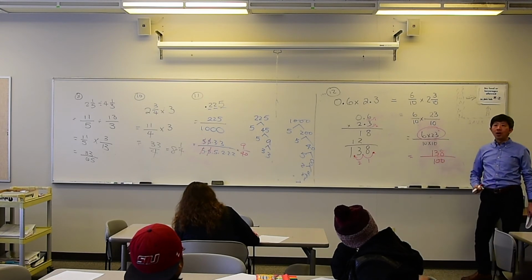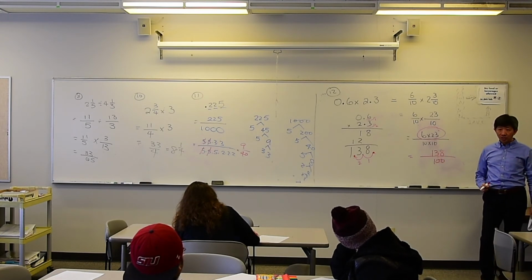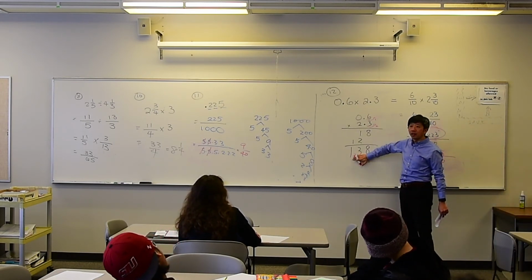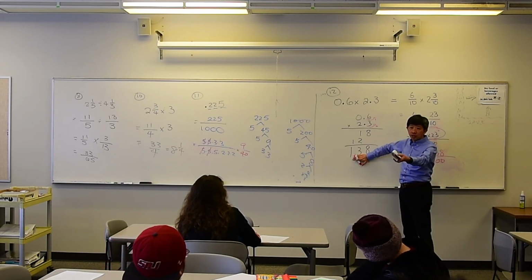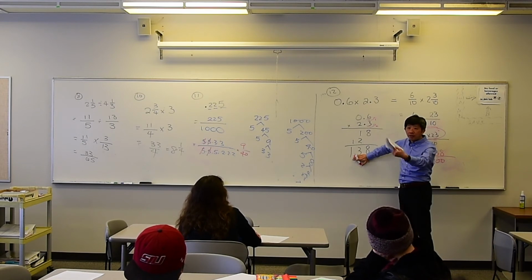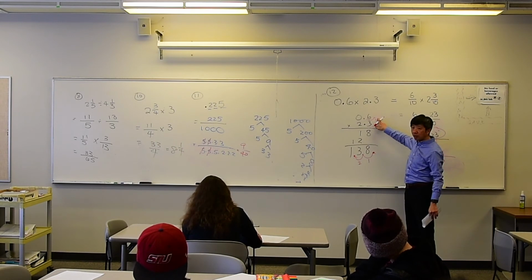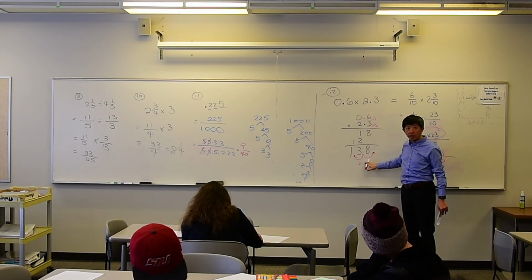Alright? 138 divided by 100, right? Then next, the teacher says, you've got to move the decimal point to the left or to the right? To the left, for how many? 2, because we count 1 and count 2.